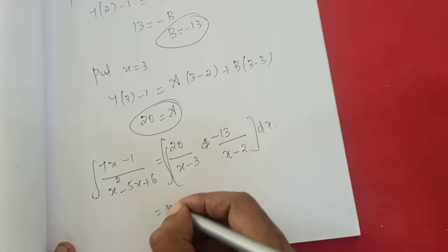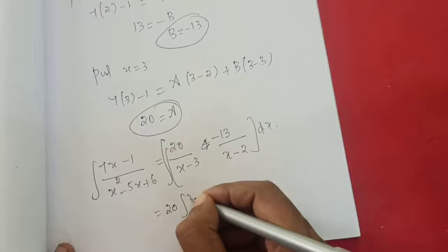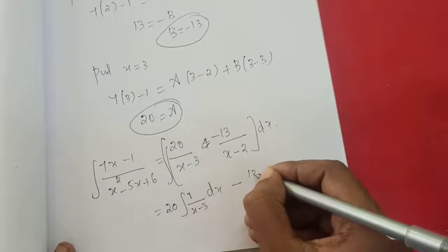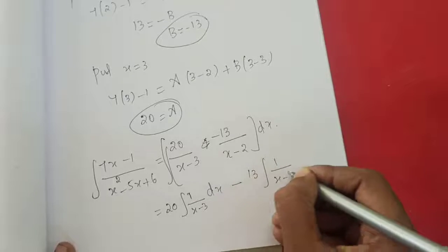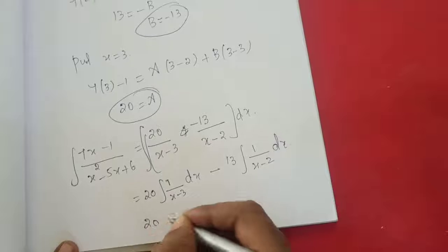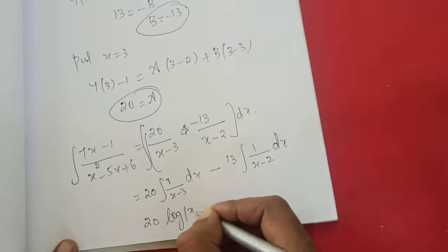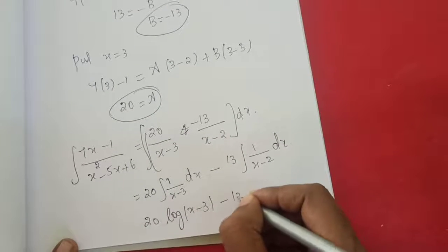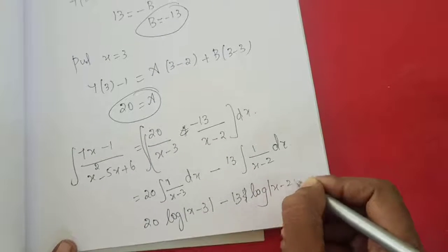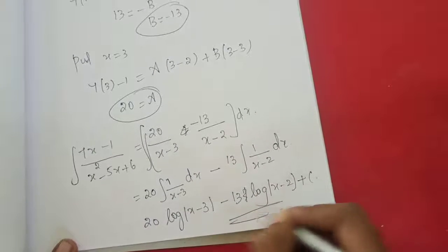How will you integrate? 20 you can take common outside. So integration of 1 by x minus 3 dx minus 13 is common, 1 by x minus 2 dx. So what's the integration? 20 log of modulus of x minus 3 minus 13 log of modulus of x minus 2 plus c. This is the answer.